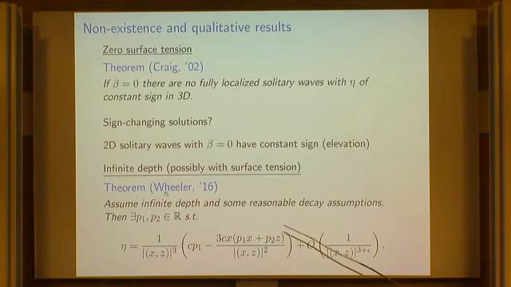He actually proves some kind of an expansion for the waves, and this is what the waves have to look like at infinity. You can see from this leading order term that in 3 dimensions, this will change sign at infinity. I don't know of such a rigorous result for finite depth. That would be interesting.